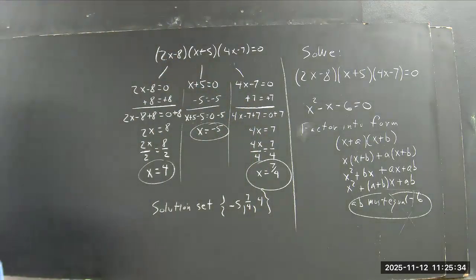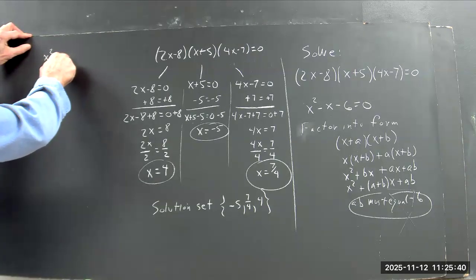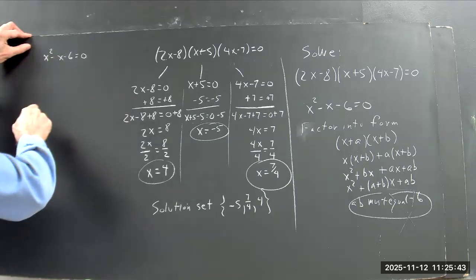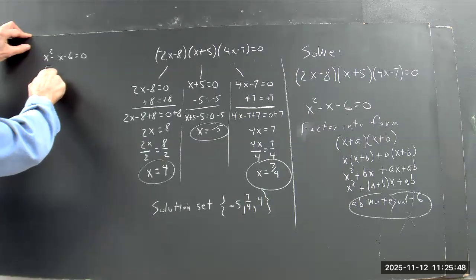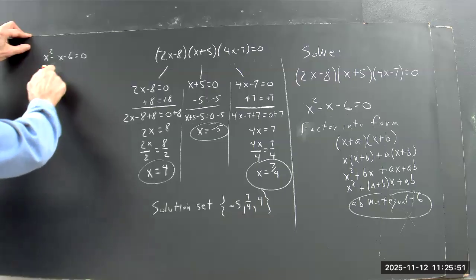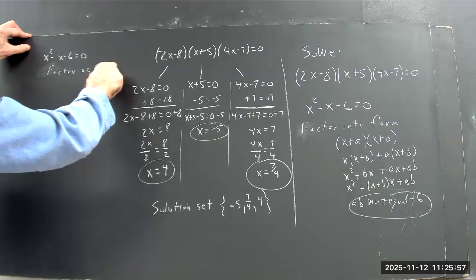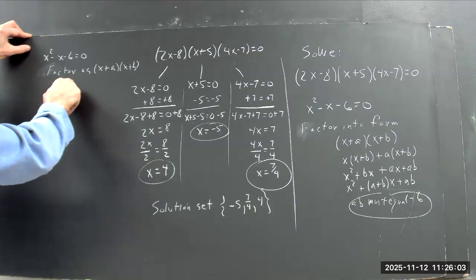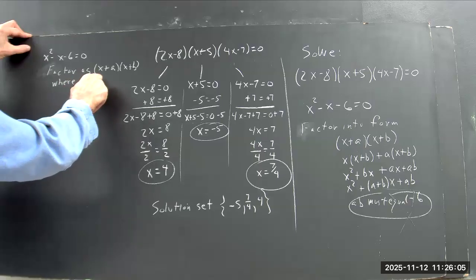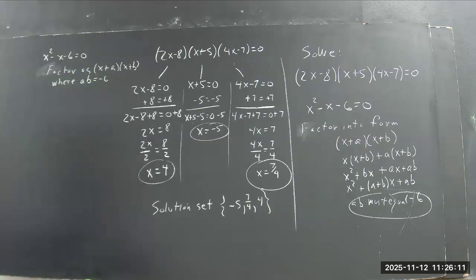So the first thing we do when we try to factor is we factor as x plus a times x plus b, where a times b is -6.